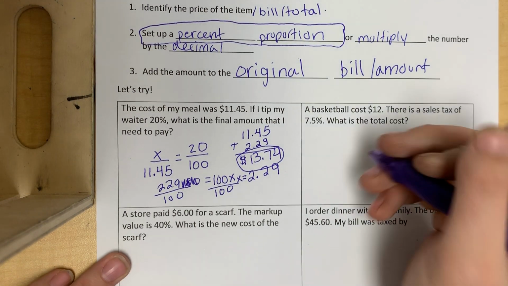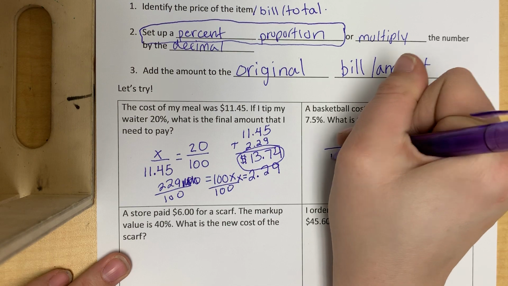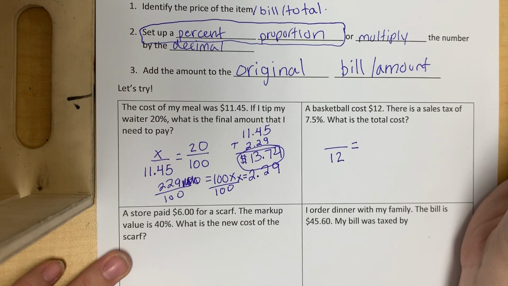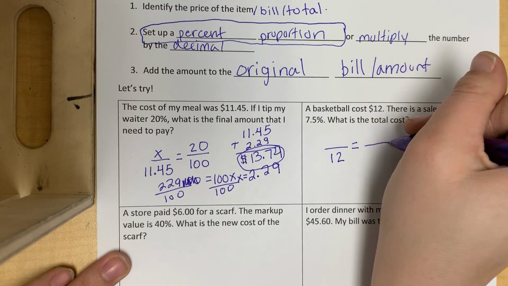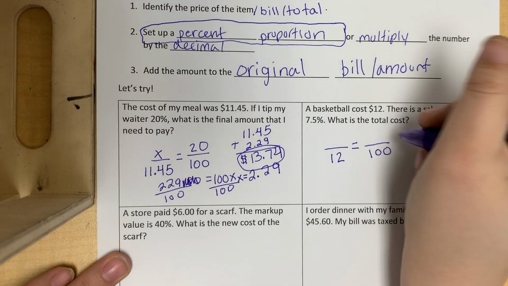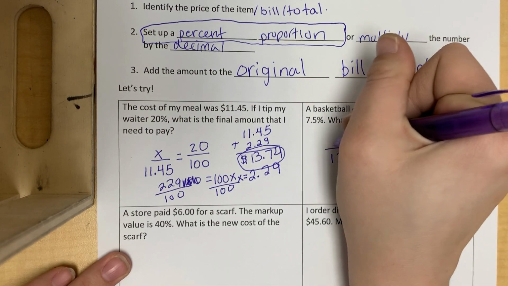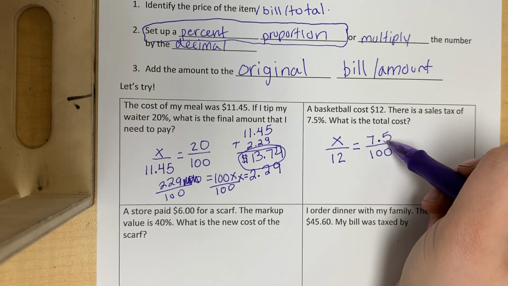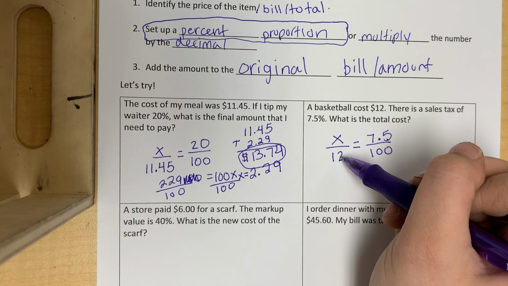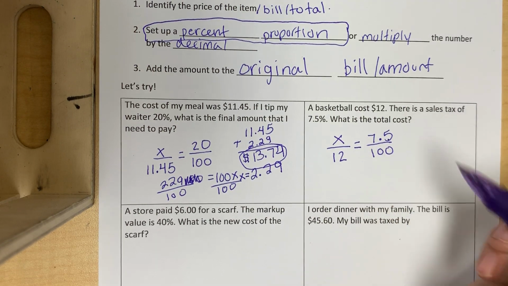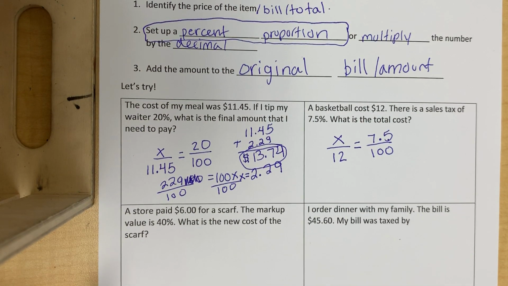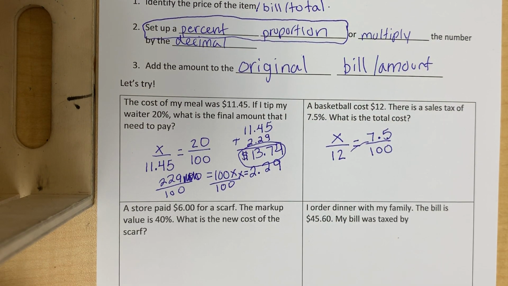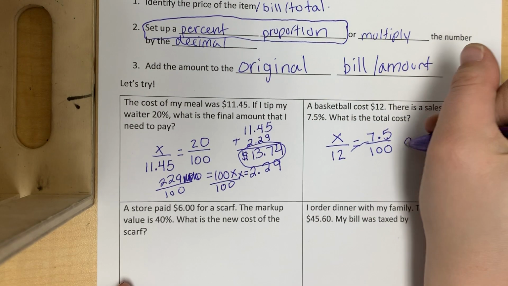All right, a basketball costs $12, so we know the total cost is $12. There's a sales tax of 7.5%, so we always have our percentages over here. The unknown is matched up with the 7.5% because we want to find 7.5% of 12. Once we find that, in order to find the total cost, we're going to add it. We cross multiply: 7.5 times 12 is 90.